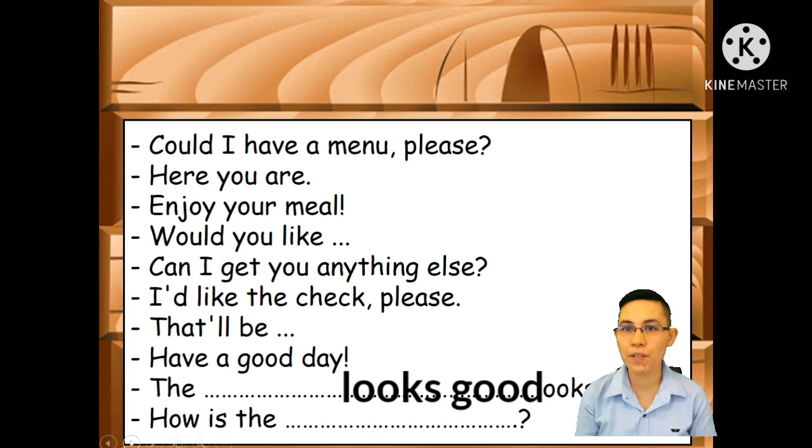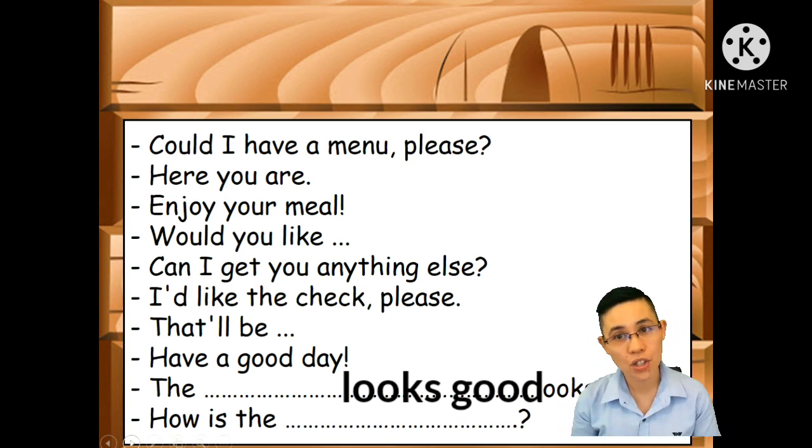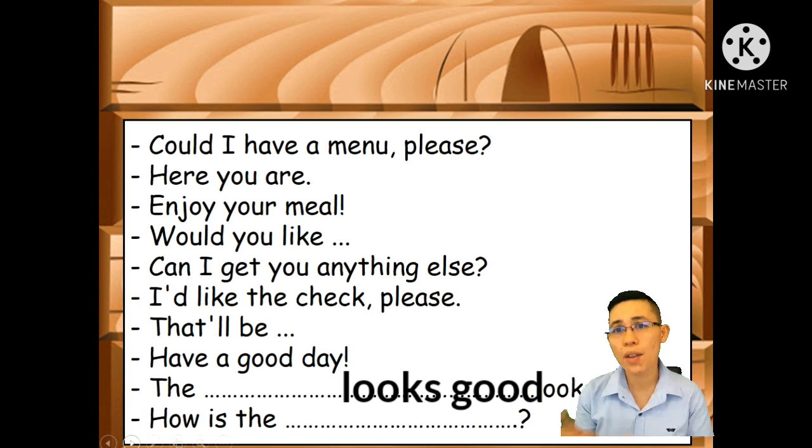For example, if a certain food catches your eye, when you look at the menu and the picture is really good, then you can say, oh, the fish and chips looks good, which is one way of saying it's delicious. Looks good, looks delicious.